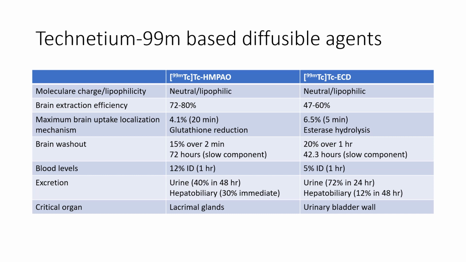For technetium HMPAO, the molecule is reduced in the presence of glutathione, and this makes the molecule no longer neutral or lipophilic, but having a charge, and it gets stuck in the cells in the brain. And then ECD undergoes a more metabolic mechanism with esterase hydrolysis. So both of them are trapped in the areas of perfusion, and then you can image the patient.